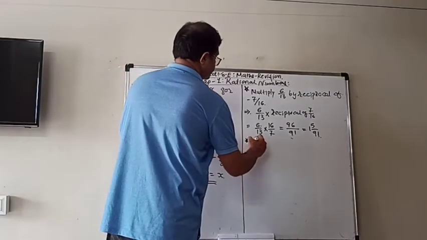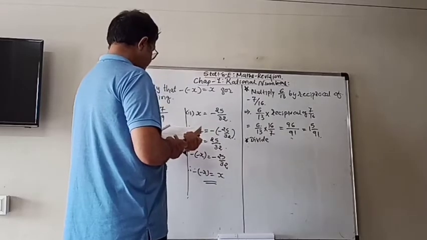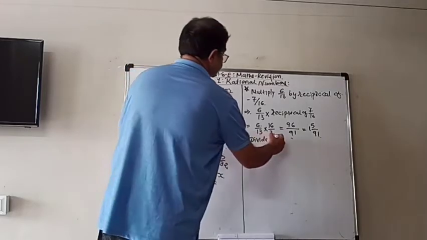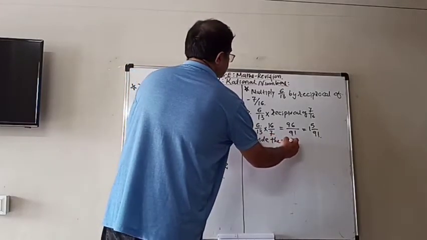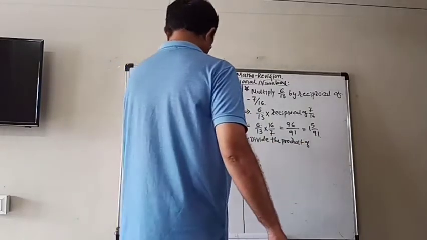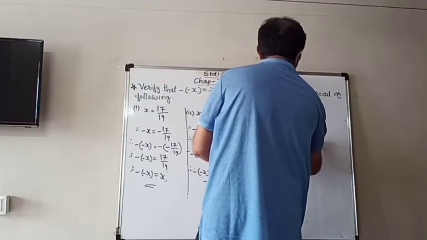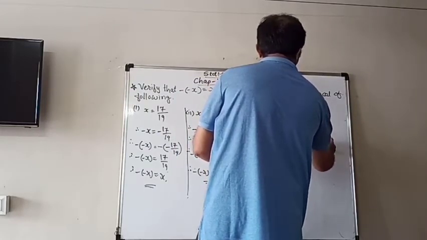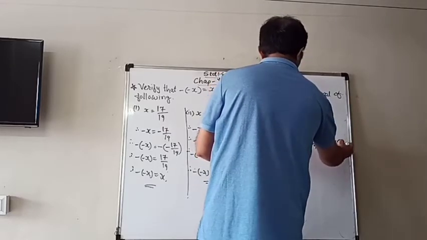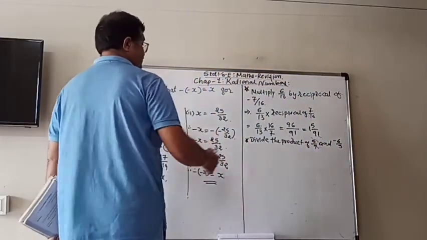Divide the product of 5 upon 9 and minus 6 upon 5 by their difference.